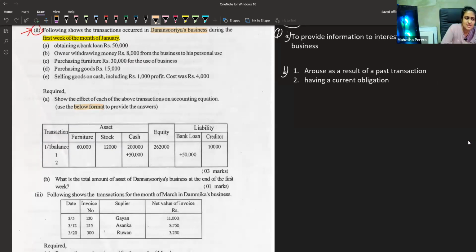The second method is we use columns for each item. Here we have 3 asset items, and equity is not divided. But liabilities, there are 2. So in the second method, we divide assets into columns and liabilities into columns and show it like a table.